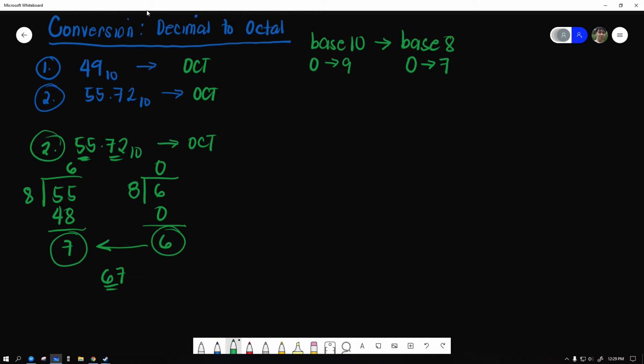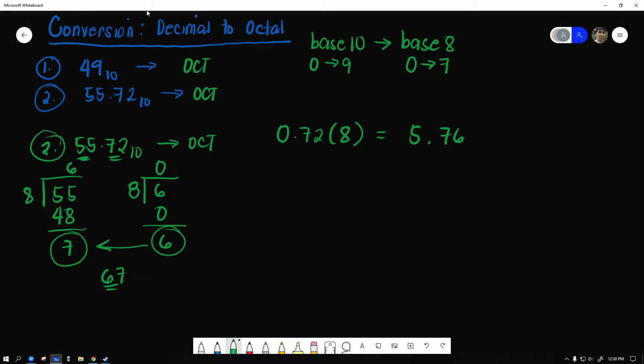For the fraction part, just multiply the fraction part by the radix of the number system you are converting to. This time it is octal, so that is 0.72 times 8, which equals 5.76.